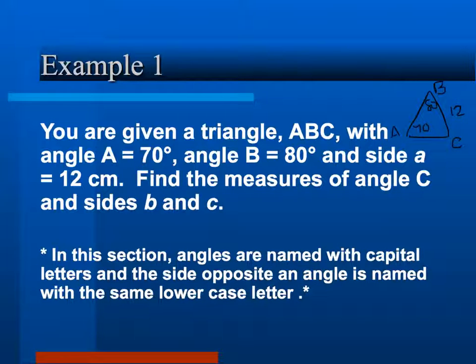So from my very quick diagram here, I can see that I have two angles and a side. So that would be angle, angle, side, which fits one of my options for using the law of sines. On the next page, I'll have a better drawing and then some more room to work out finding the other components of this triangle. So let's take a look.